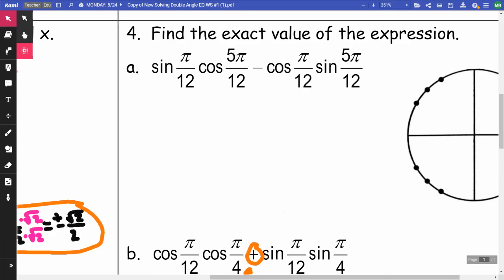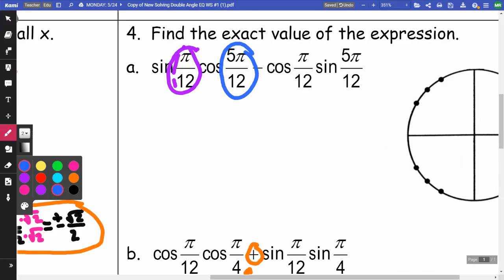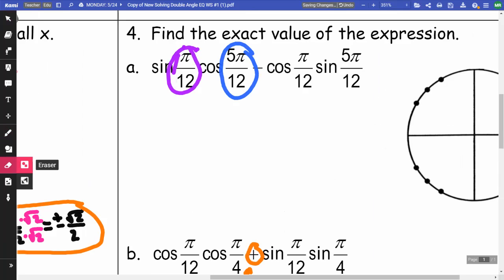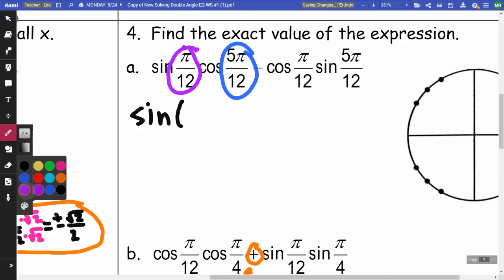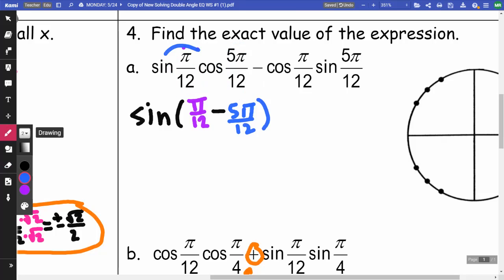So basically what I'm going to do, since I have a pi 12ths and I have a 5 pi 12ths, I am going to do a sine of those. So I'm going to have sine of the pi 12ths minus the 5 pi 12ths, because that's the same as this whole thing right here.